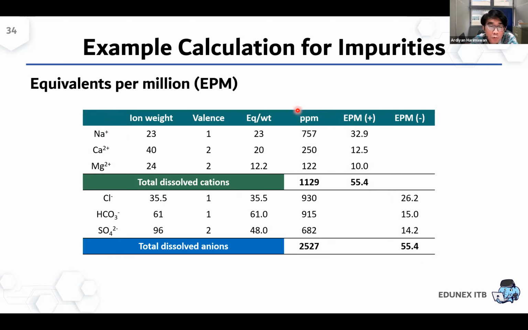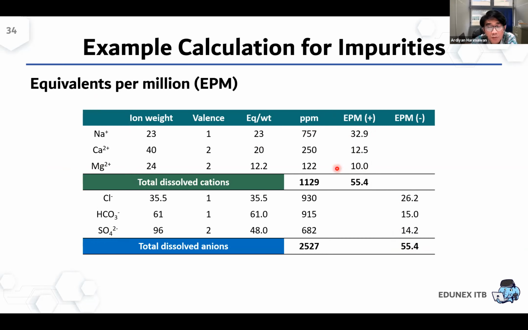Jadi kalau pengukuran konsentrasi ini sudah berhasil mengukur semua TDS, total dissolved solid di dalam air, maka ketika dikonversi menjadi EPM harus sama dari sisi kation dan anion.